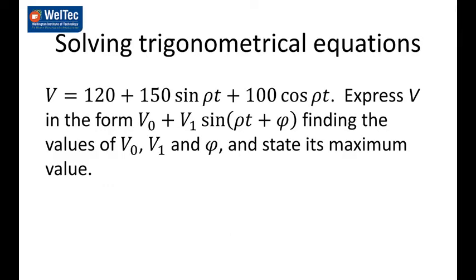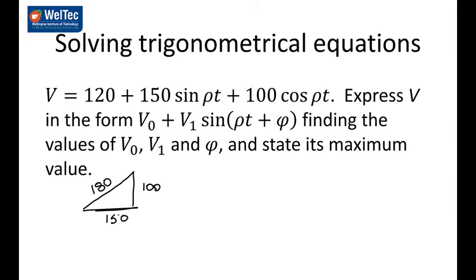We could draw our triangle. That's going to be 100. That's going to be 150. We can work out what R is going to be. R is going to be the square root of 150 squared plus 100 squared, which is 180.